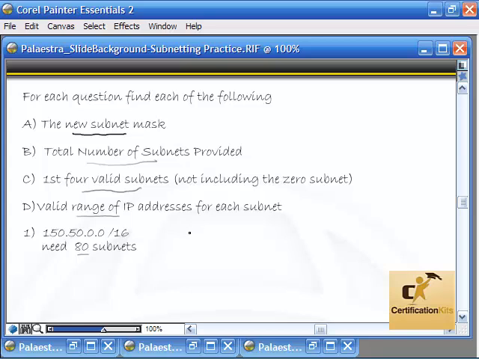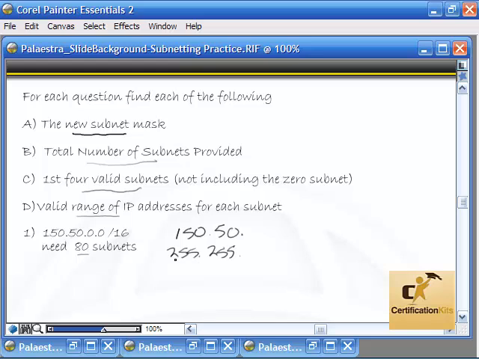So I've got 150.50.0.0. The first thing I do is break this into binary. I don't really need to break the 150 or the 50 into binary, because I know that those numbers cannot change. I know those numbers can't change because this is a Class B network address.